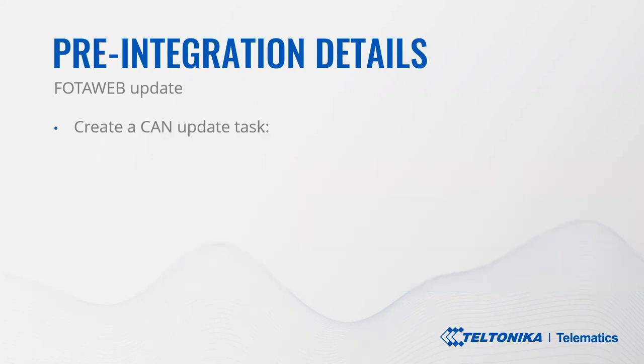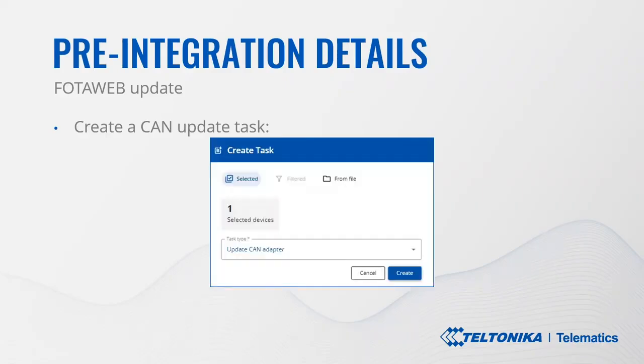The create task tool allows you to choose a number of options for the unit. However, to proceed with the CAN update task, you have to, of course, choose the update CAN adapter task type. Afterwards, when you choose this type, the task is placed into the platform and the platform awaits the unit to connect.